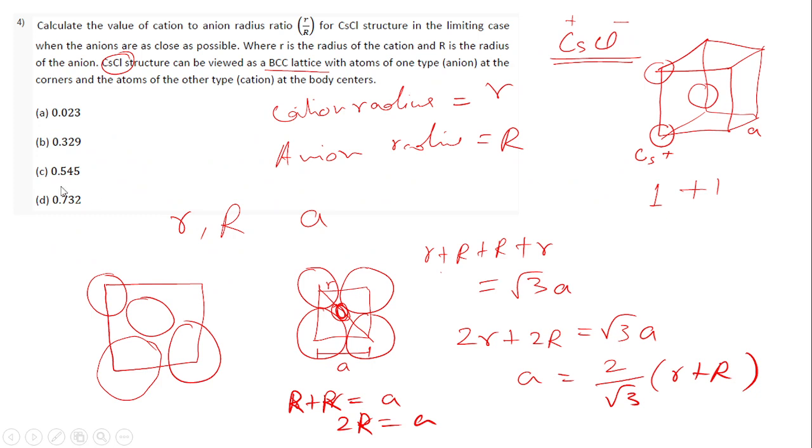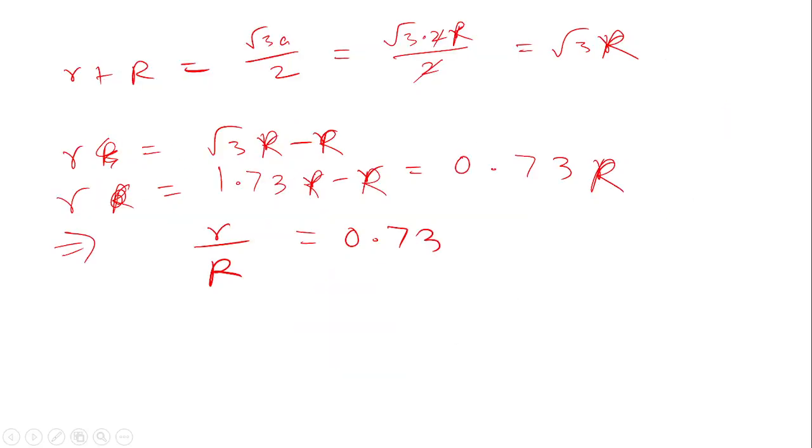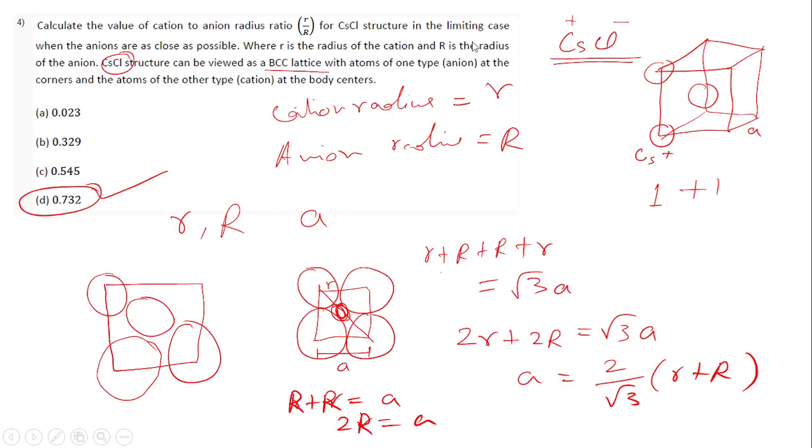So the matching answer will be this. This is the correct answer. I missed the point that they said anions are as close as possible, so I had to take the radius for the anion, which was capital R.